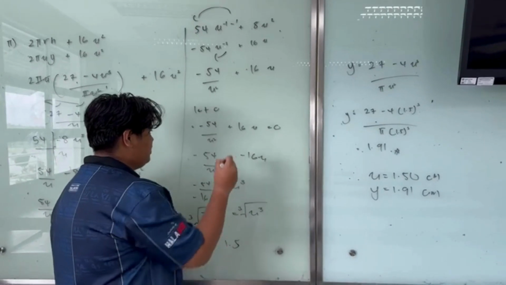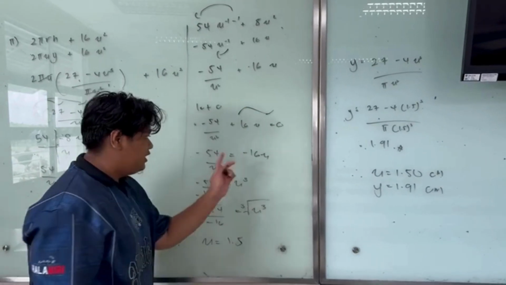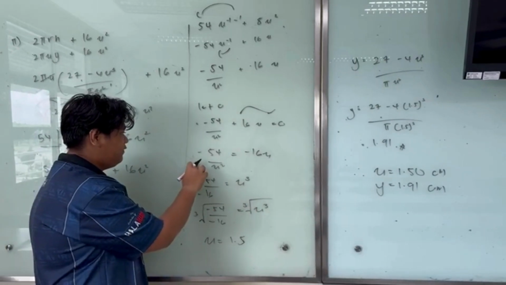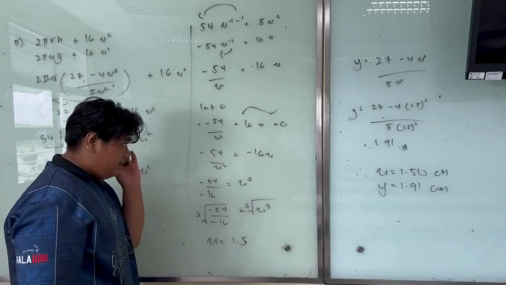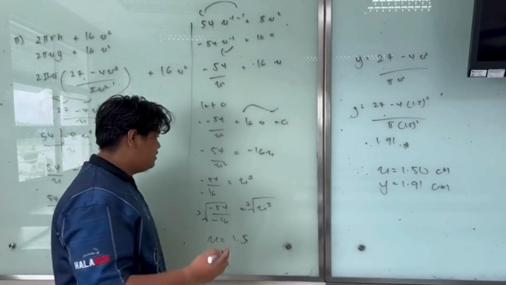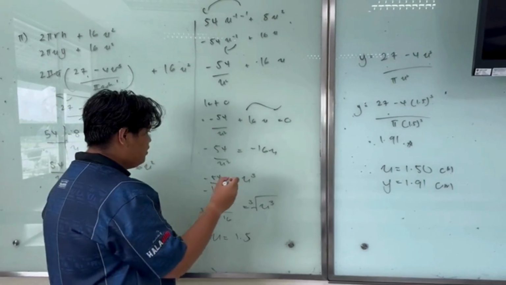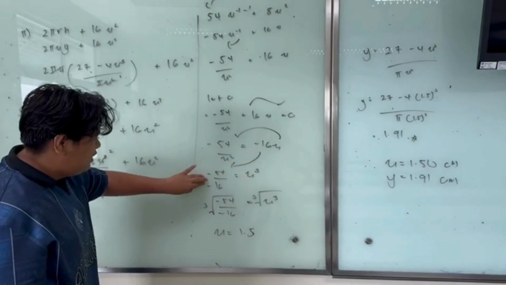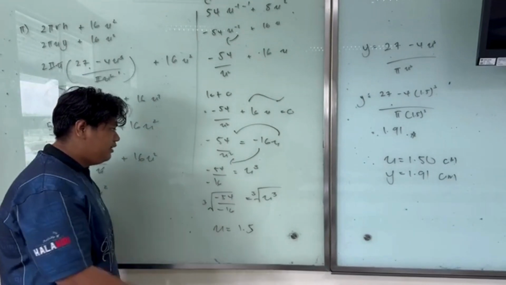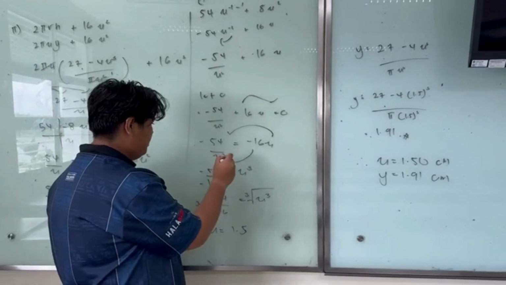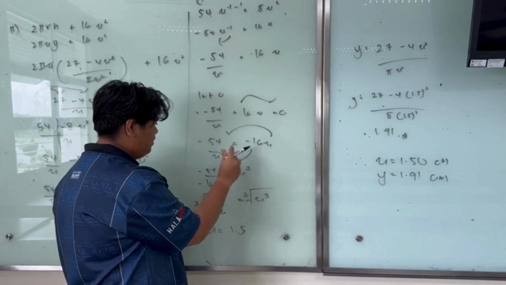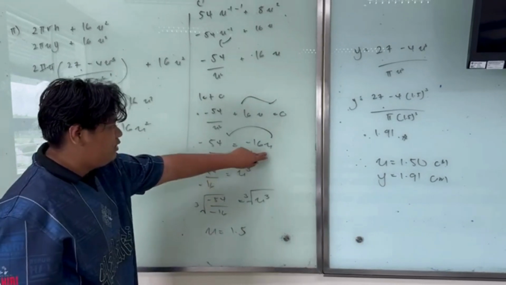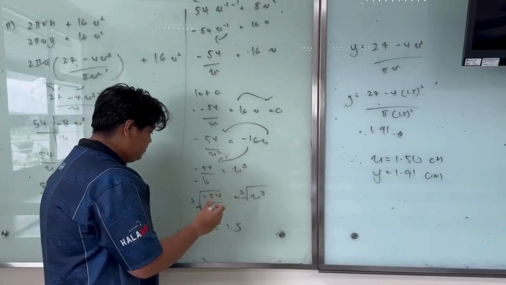Now we need to bring this 16x over to the other side. So we get negative 54 over x squared equals negative 16 over x. Now we bring all the x to one side and all the numbers to the other side. So we get negative 54 over negative 16 equals x squared over x, which is x cubed.